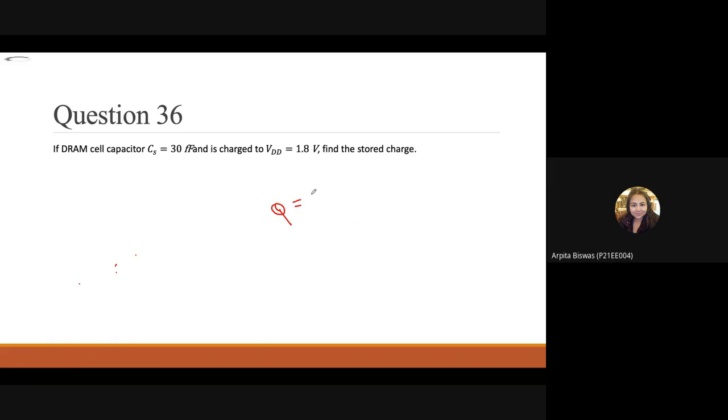This is the formula: stored charge equals CS into VDD. 30 into 10 to the power minus 15 into 1.8.